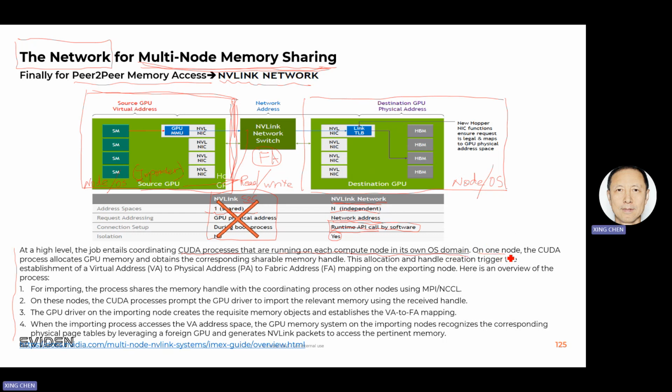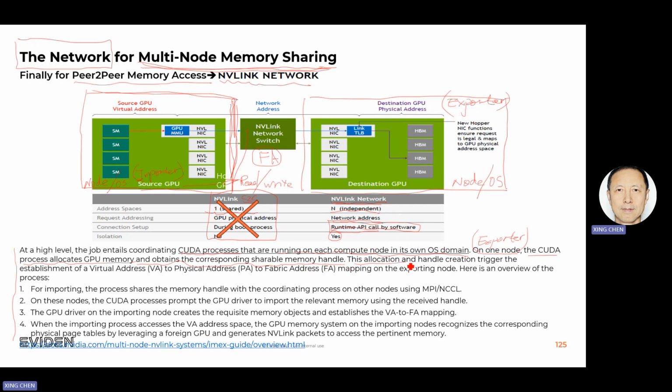On one node, which is the exporter, the CUDA process allocates GPU memory and obtains the corresponding shareable memory handle.